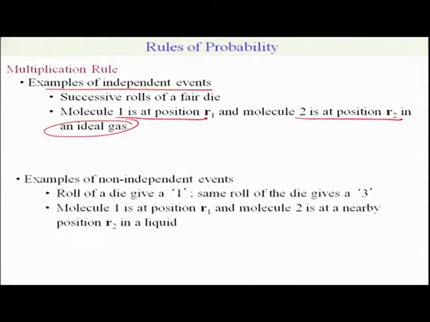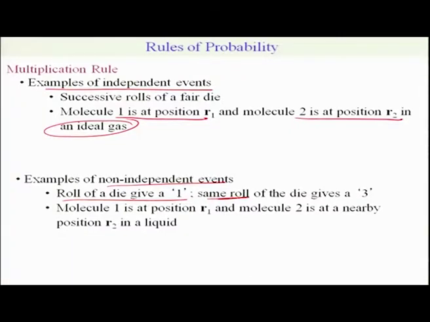But non-independent events could be, for example, the roll of a die gives 1 and the same roll of a die gives 3. So, the same here refers to the roll which has been done here. So, this is a dependent event.